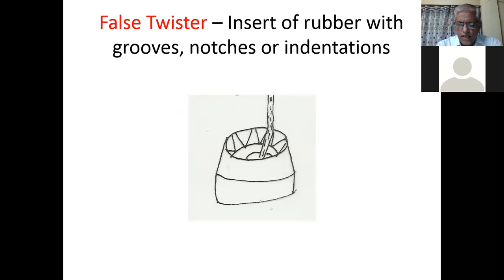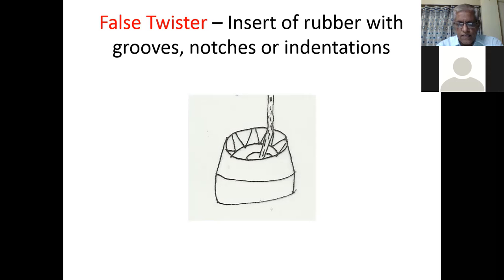When the spindle is revolving at a very high speed, the roving gets some additional false twist due to rolling down of the roving over the grooves of the false twister. Due to this rolling, some compactness comes in the roving, and it makes the roving compact.